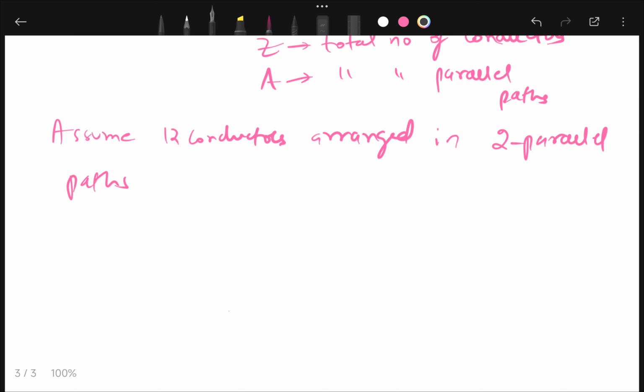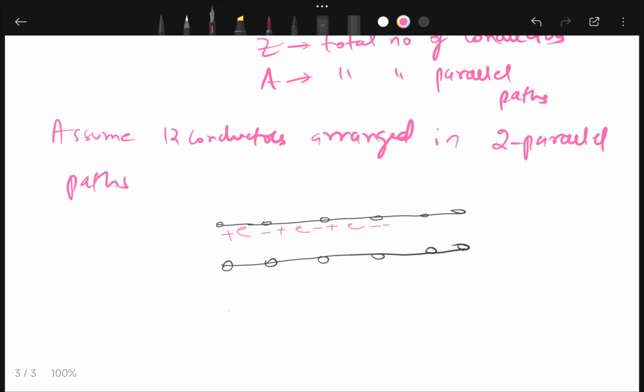Now look here, I'm going to have the configuration like this: 1, 2, 3, 4, 5, 6. So all these are 6 conductors, let us assume, in one parallel path, and another 6 conductors in another parallel path. For each parallel path, let us say there is EMF E induced.